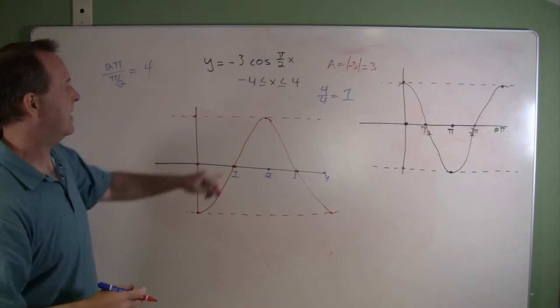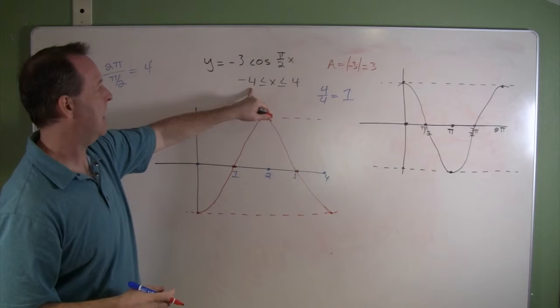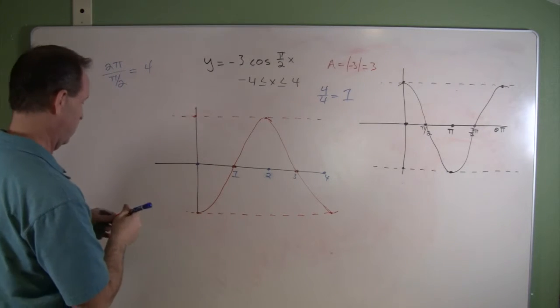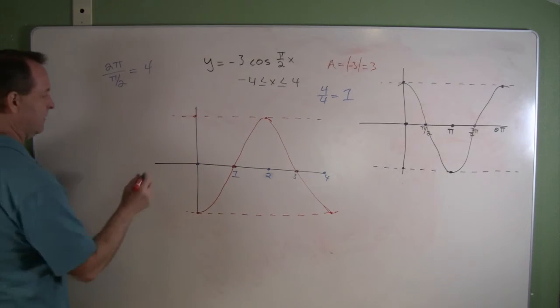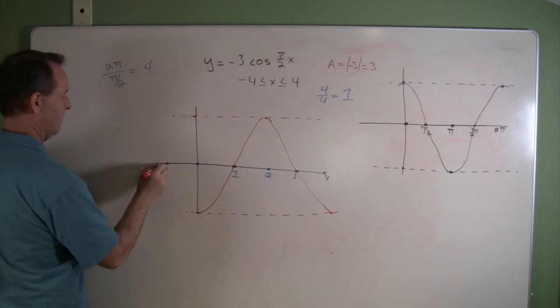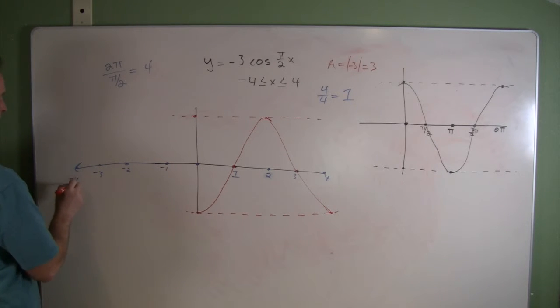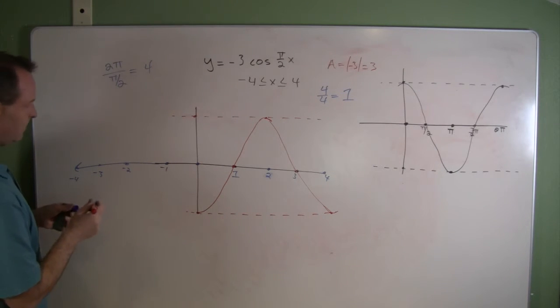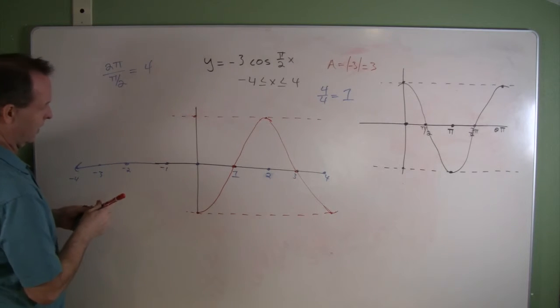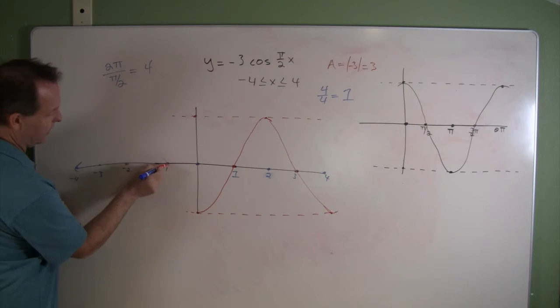And then this graph was asking me to extend it out from negative 4 to positive 4. So if I were to do that, my graph is going to continue on up through this point.